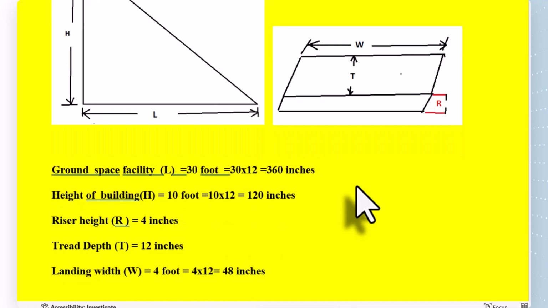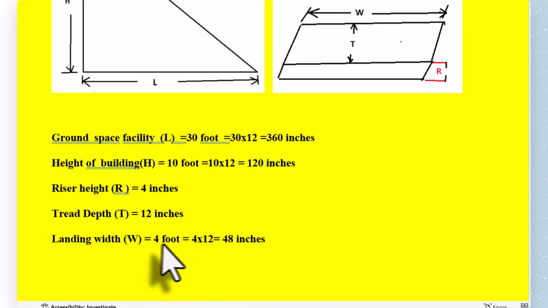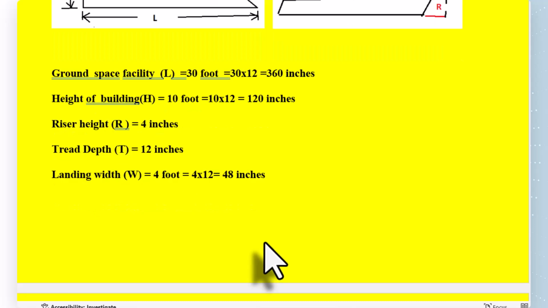As I said earlier, we have taken the ground space facility L as 30 feet, so we get 360 inches, whereas the height of the building H is 10 feet, so we get 120 inches. Riser height, as I said, is 4 inches, tread depth is 12 inches, and landing width W is 4 feet, that is 48 inches.